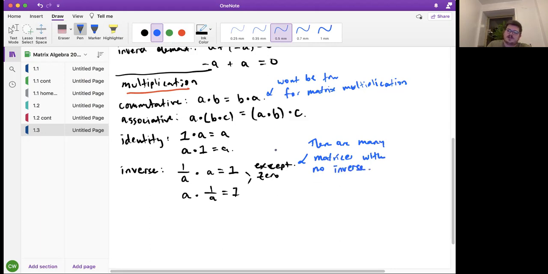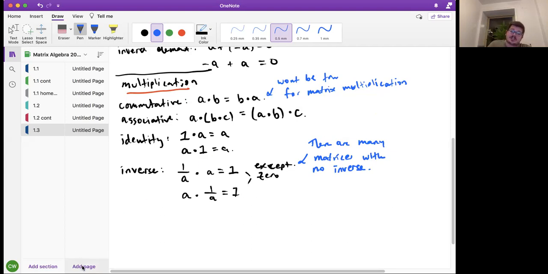But we haven't even talked about what multiplication is. But so something with the identity, and in matrix land, there's more than just the 0 matrix, or whatever 0 means, that has no inverse.